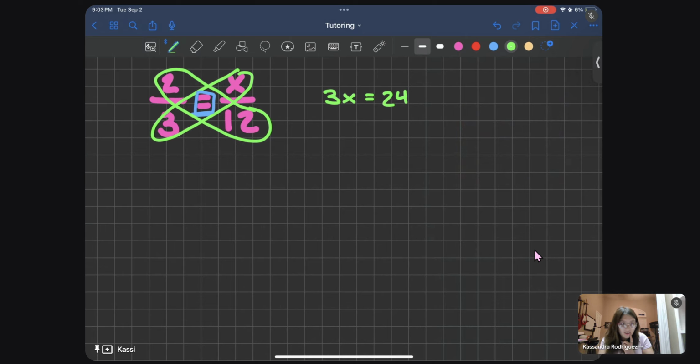So now we want to solve for x to understand our proportion. When we divide by 3, we get that x is equal to 8. So in this case, 3 is equal to 12 and 2 is equal to 8.